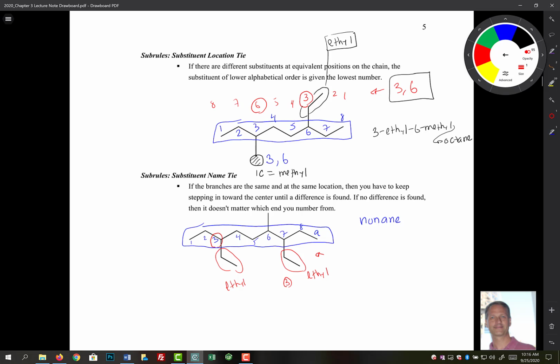But if we step in going with our red numbering, this would be 1, 2, 3, 4, 5, 6, 7, 8, 9. With our red numbering, we get a substituent at number 3, then 4, and then number 7.